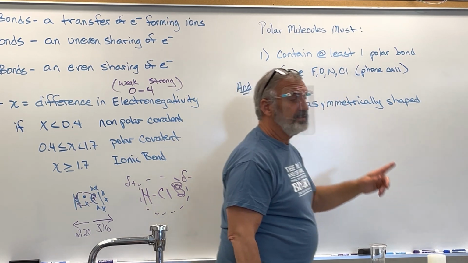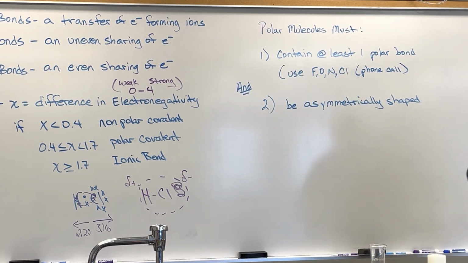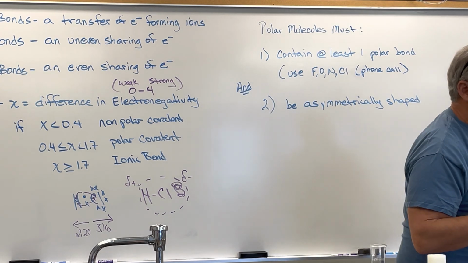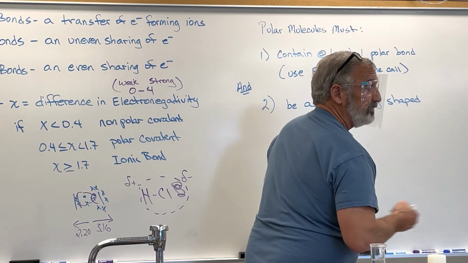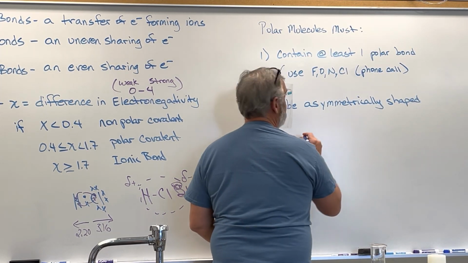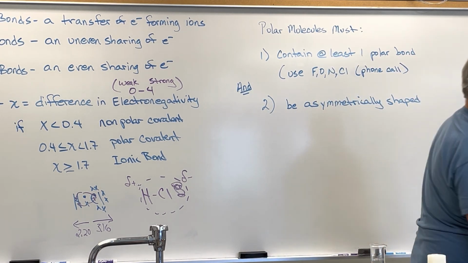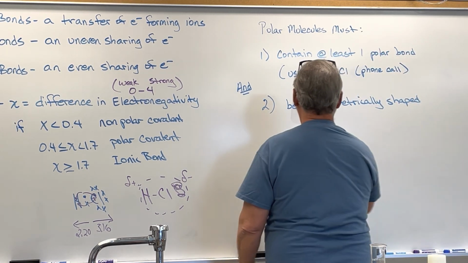Okay? Now, if you're looking at page, probably 4 or 5, 6, where it starts at B, polar molecules. Okay, it's page 6. I'm giving you these two criteria. So now we're going to look at 2A.